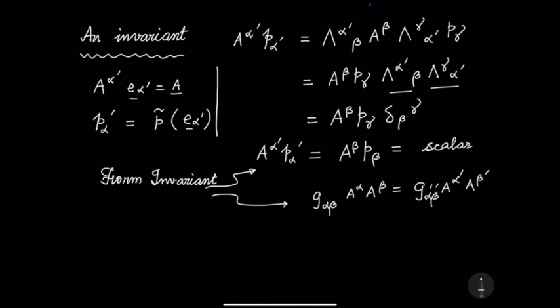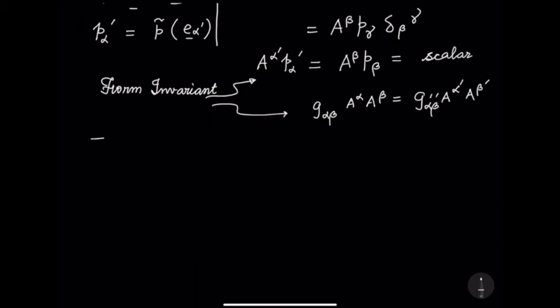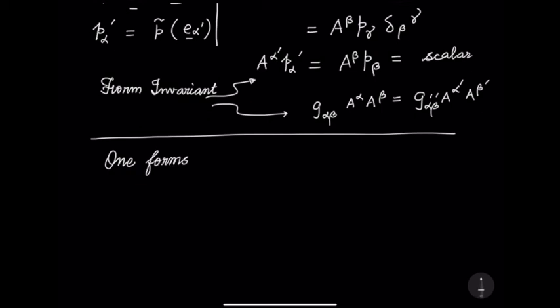Now, we introduced the vector space, and I will request you to check the following statement, and this is important: that one forms satisfy the requirements to be members in a vector space, the way we discussed or defined a vector space earlier.